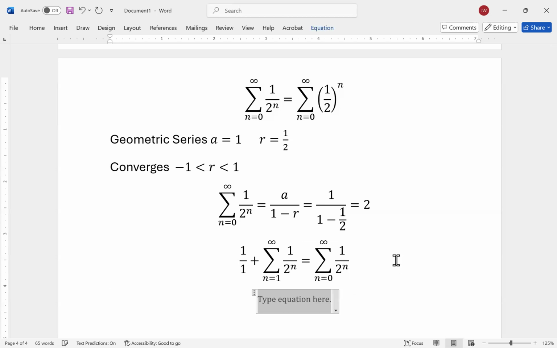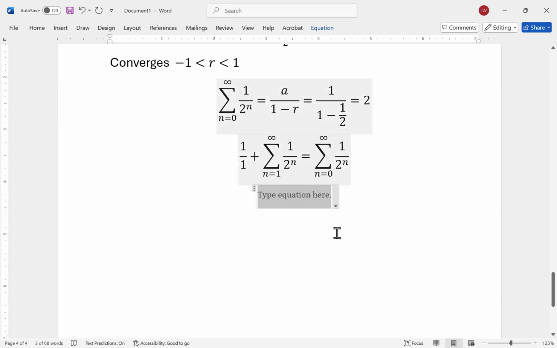which means the infinite sum starting my count at 1 plus 1 should be equal to 2.